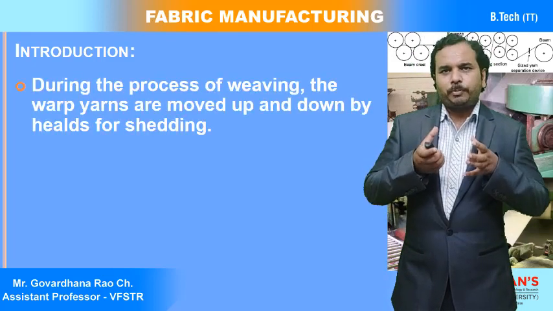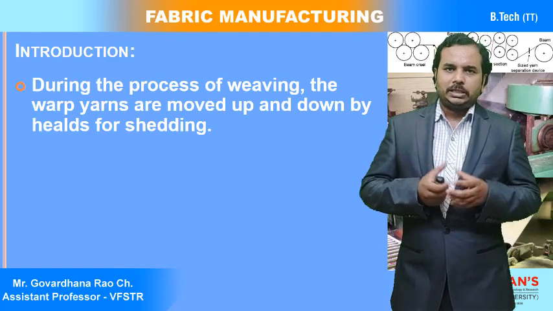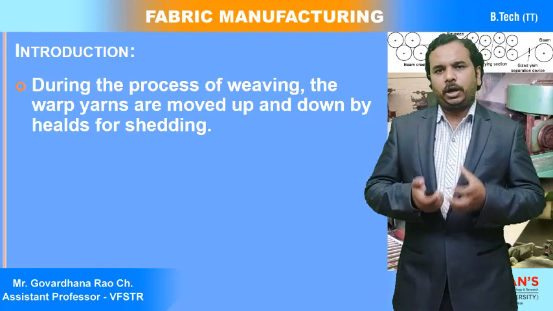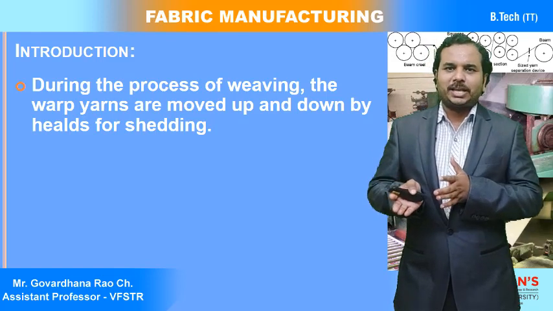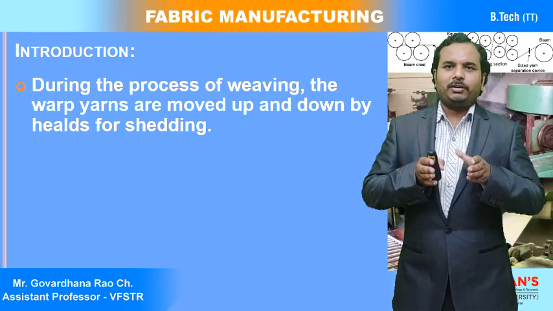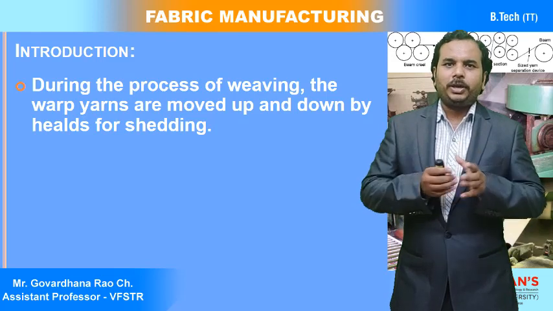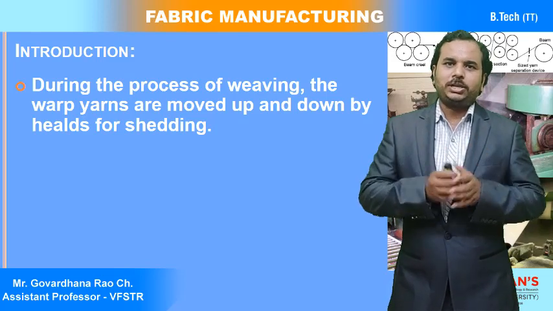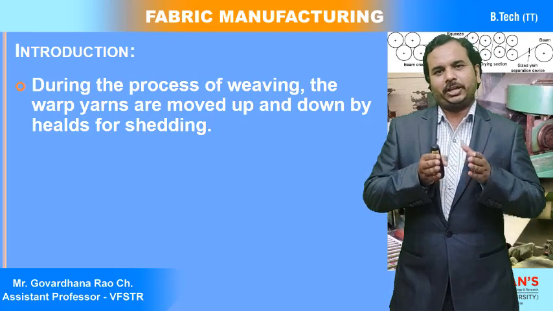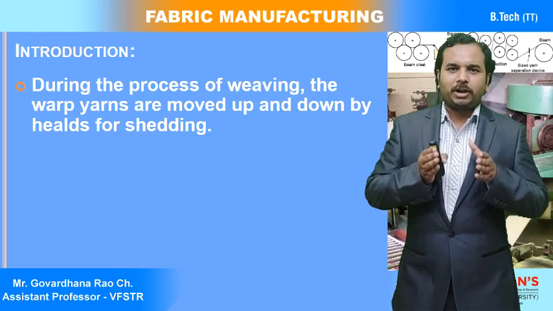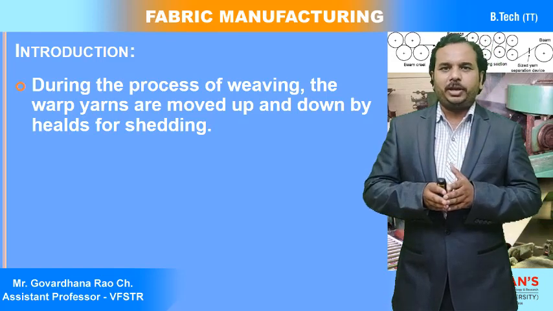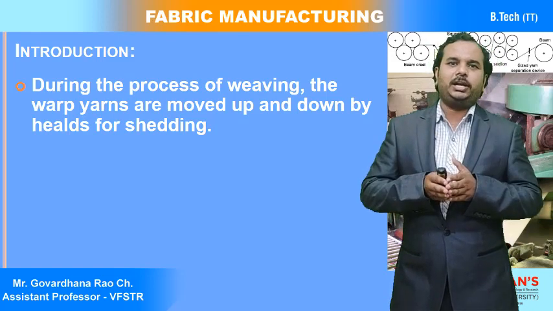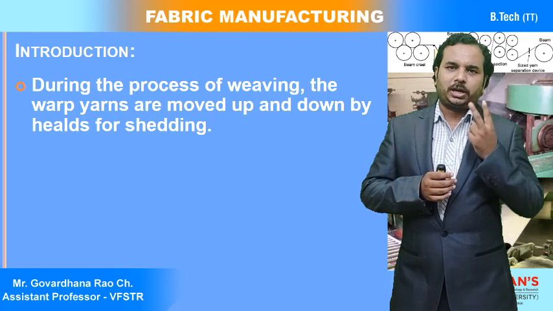Okay, so during the process of weaving, the warp yarns are moved up and down. So the next step after sizing is weaving. Our course name is fabric manufacturing, so ultimately our output product is fabric. To form the fabric, as we discussed earlier, we require 2 sets of threads.